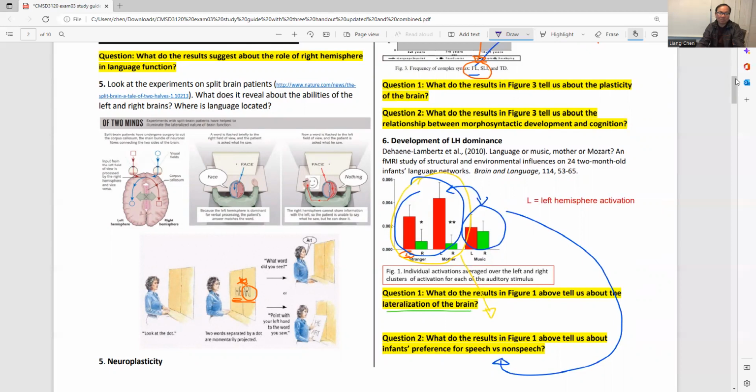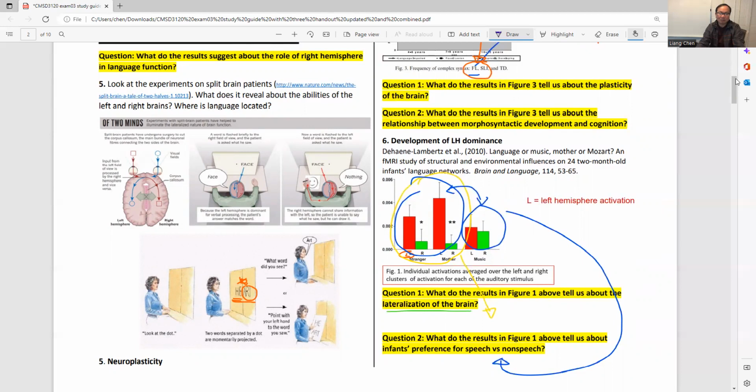But when the item is in the left visual field, the information is passed to the right hemisphere. But the information will not be able to pass to the left hemisphere, which is in charge of language. So they will not be able to name the item. They will say, I see nothing.